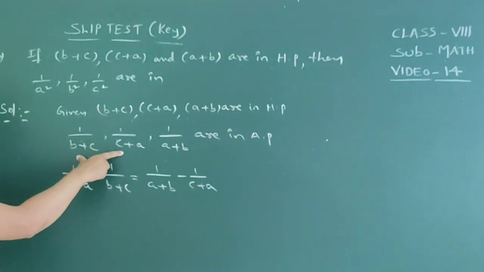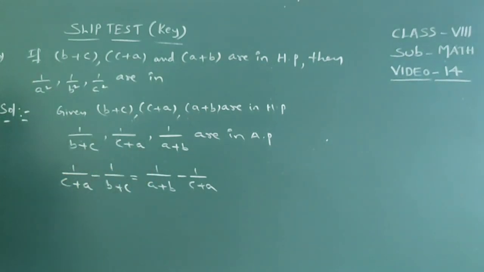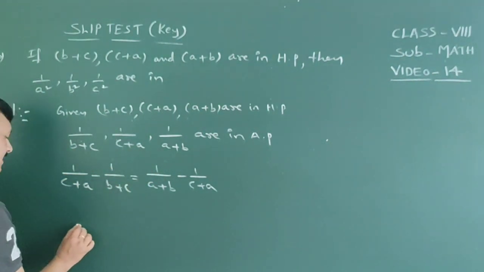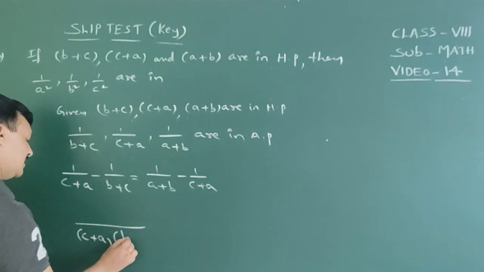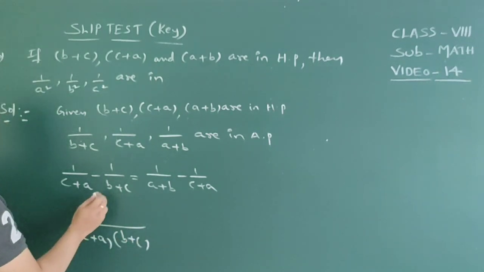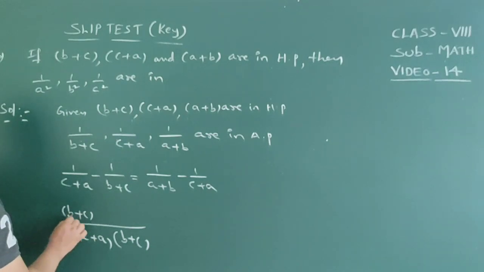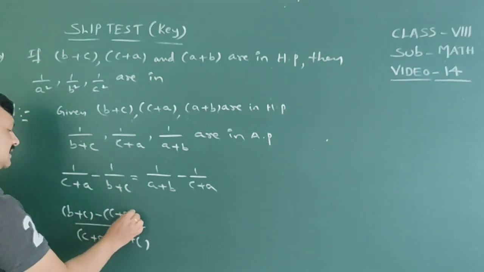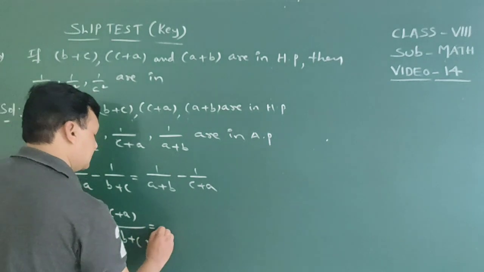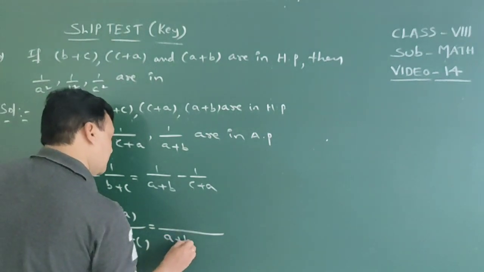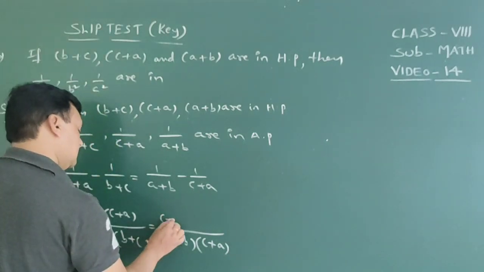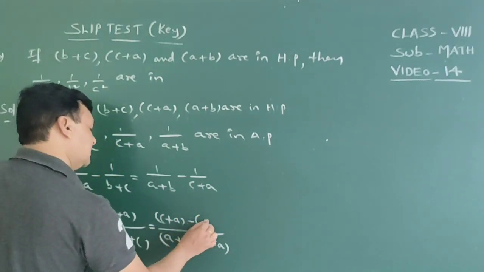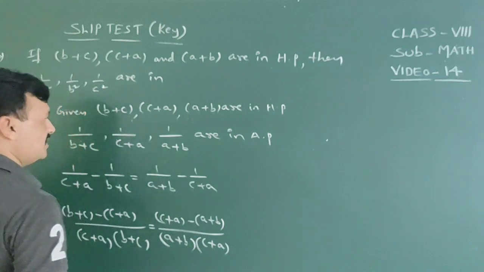The difference of the first two is equal to the difference of the second two if they are in AP. So the LCM is c plus a into b plus c, here b plus c minus of c plus a. Next, here a plus b into c plus a, here c plus a minus of a plus b.